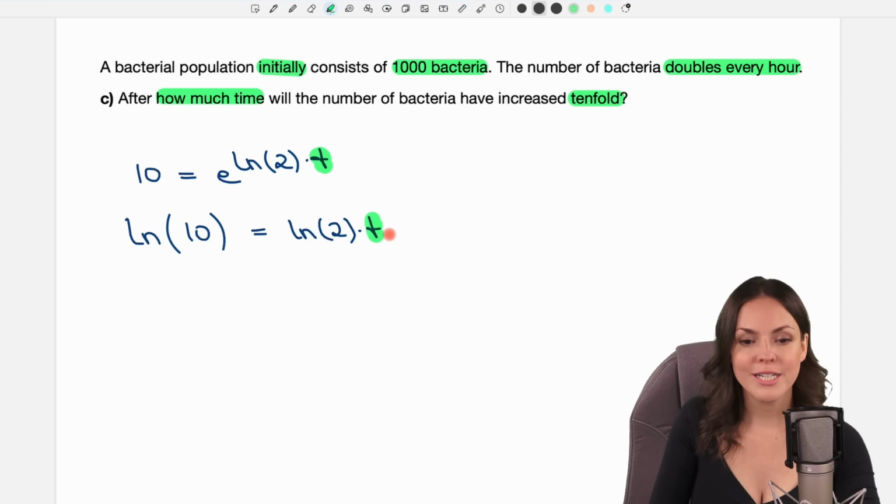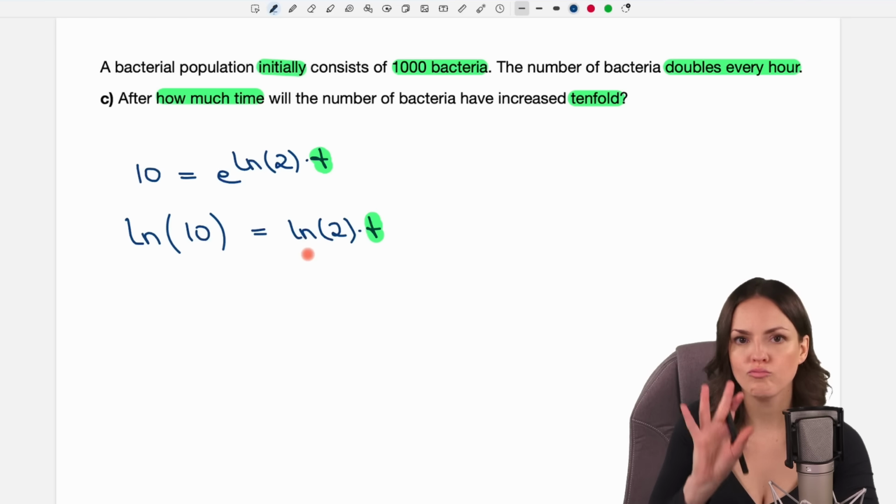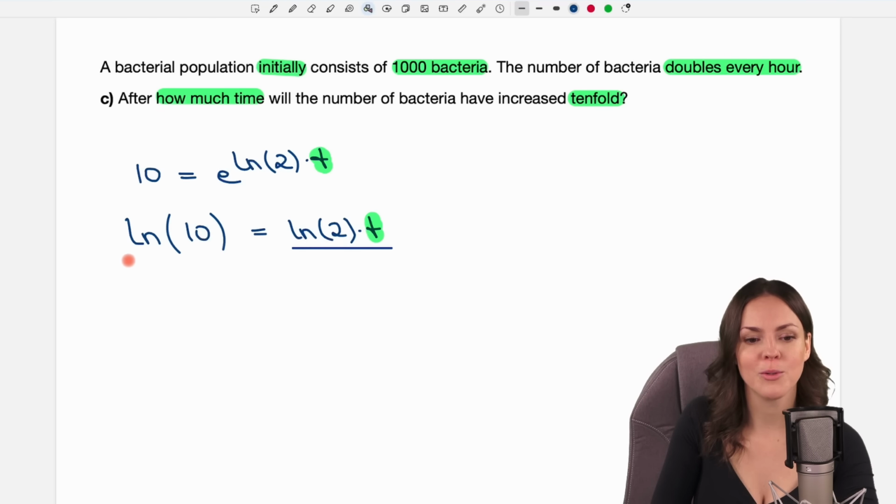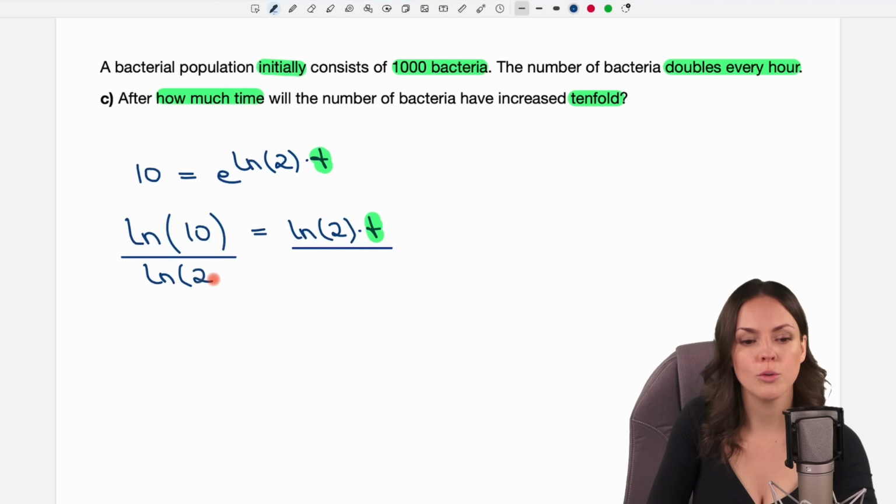We want to solve for t, so we have to get rid of ln of 2. And this might look weird, but actually this is just a number. So you can type it in your calculator, so you don't have to do anything special. We just want to get rid of it, so we divide both sides of the equation by ln of 2 here and here as well, so that this cancels out here and only our t is left.